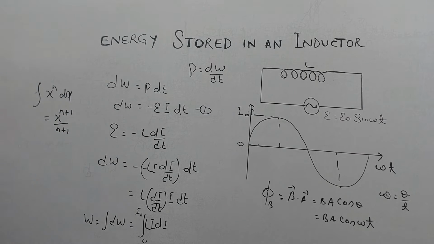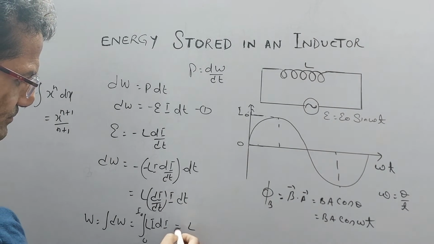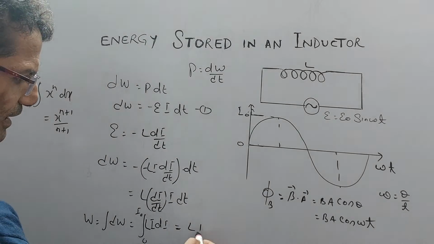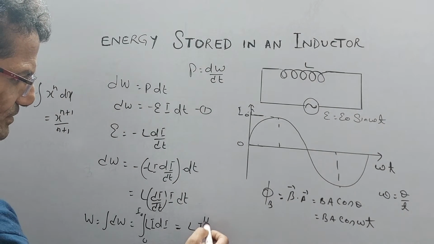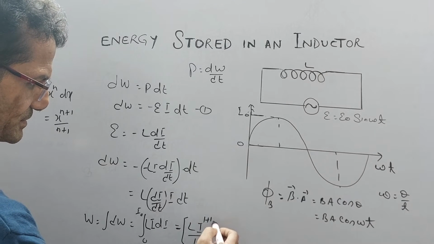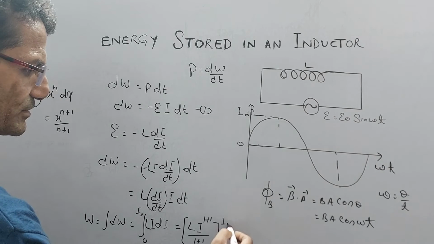I am using this formula here. L is a constant taken outside, and our variable I has power 1, so it becomes I to the power 1 plus 1 divided by 1 plus 1, a definite integral with lower limit 0 and upper limit I naught.